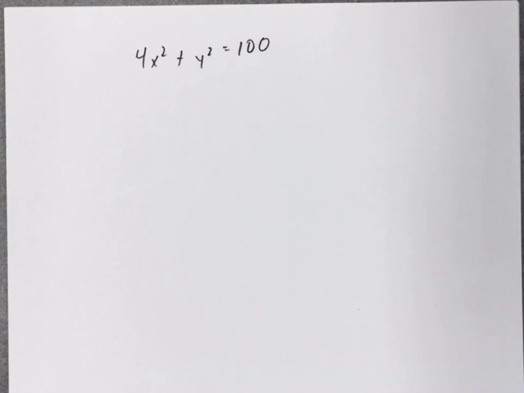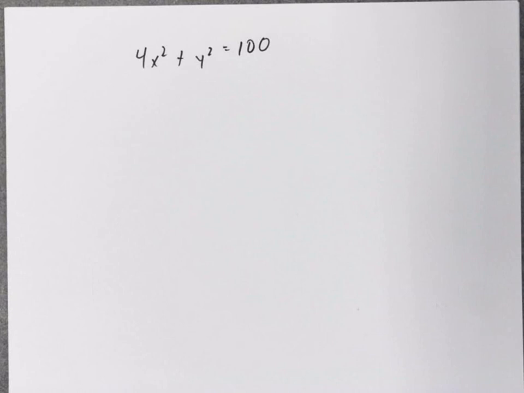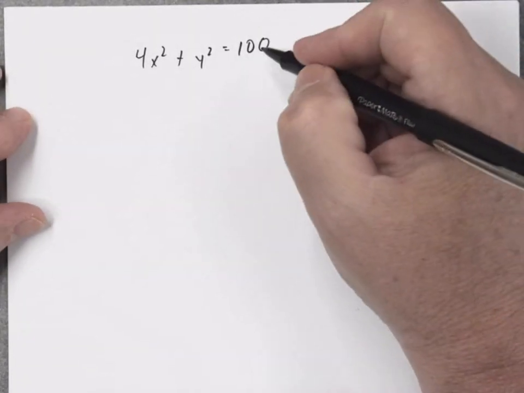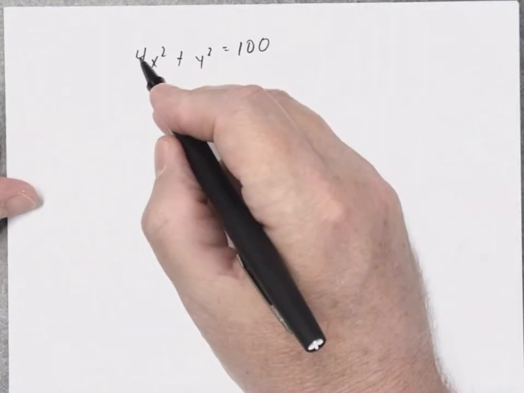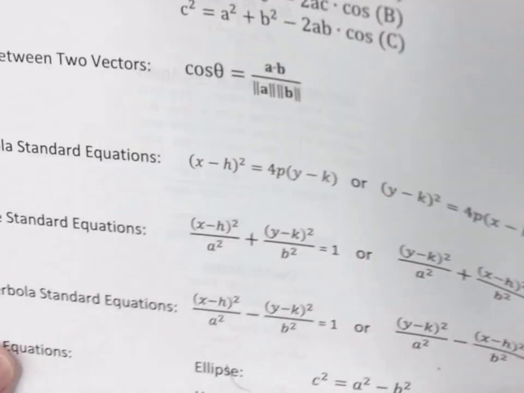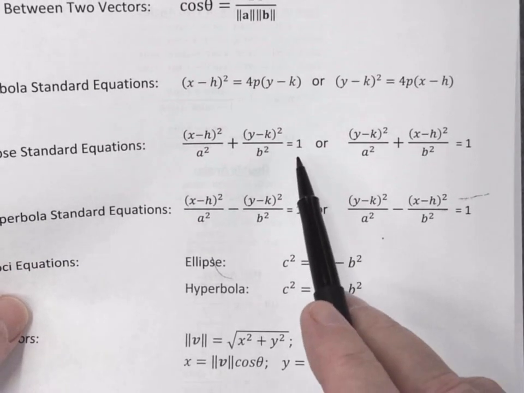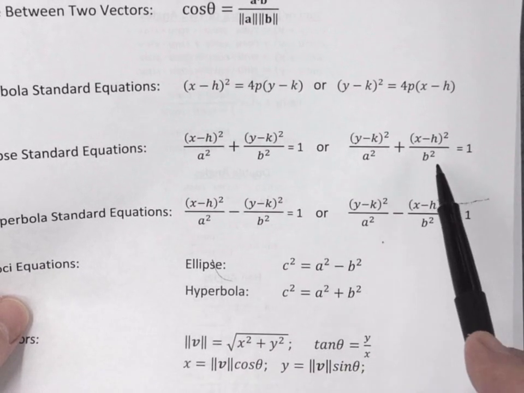Now I didn't mention it on the last problem, although I should have. The very first thing you do when you're given the equation of an ellipse is to make sure it's in standard form. And the key is, standard form for an ellipse means one side of the equation has to equal 1, and you can't have any coefficients in front of the squared terms. If you look at the standard equation for both of these, one side is 1, and if you have any numbers, they have to be in the denominator of the fractions.